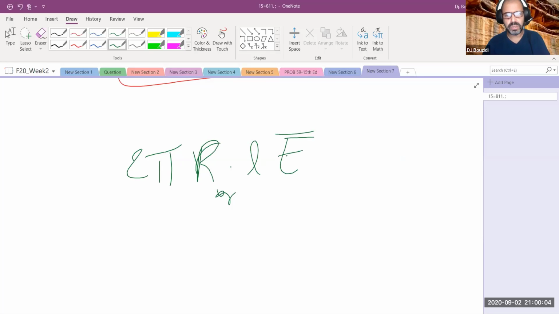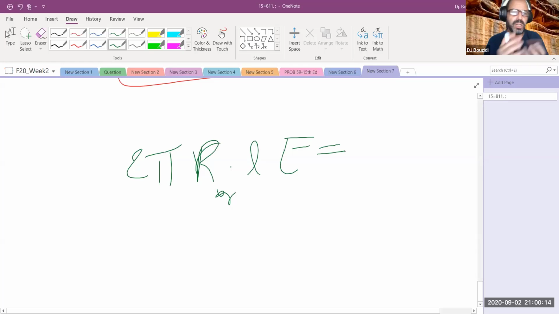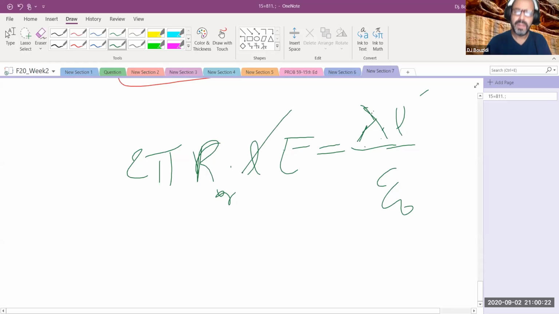There is no vector on this one in here. Oh man, my computer is slow to respond now. Times E is equal to the charge enclosed. The charge enclosed is lambda times L divided by epsilon naught. Cancel the L.